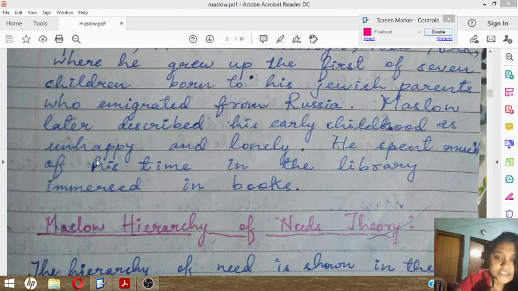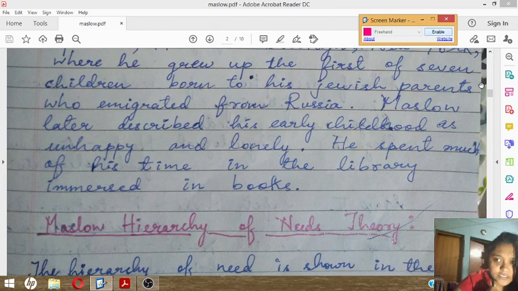He spent much of his time in the library immersed in books. That is why he made many contributions in the field of psychology. Because he was lonely, he had free time and utilized it well, and contributed a lot to psychology.